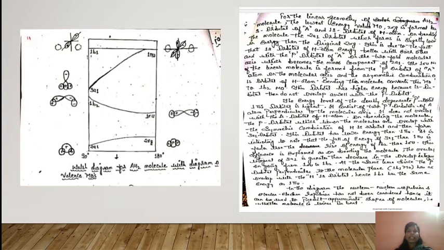Next, on further excitation, the energy level of the doubly degenerate p orbital 1 pi u, which you see on the top, is the highest.